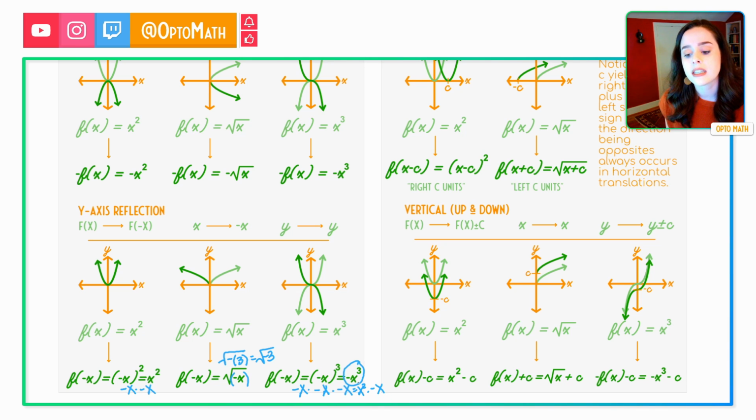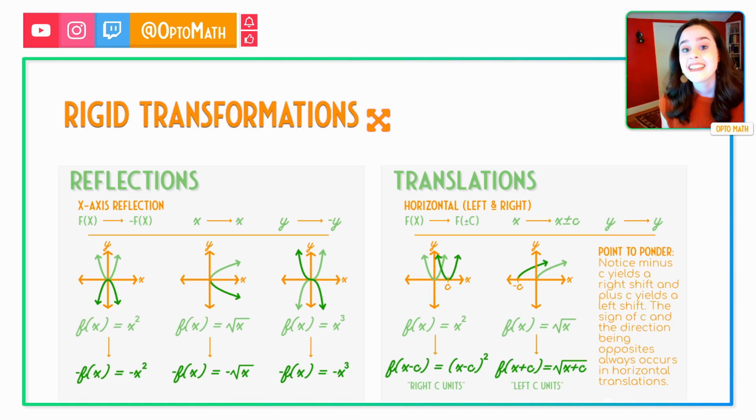So algebraically, they end up the same, whether you put a negative on the outside of your f of x or on the inside on your x. So the graphs and the transformation of these are the same. Really cool.